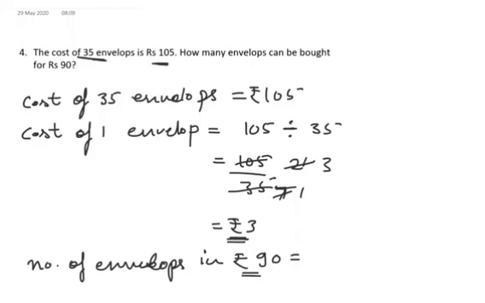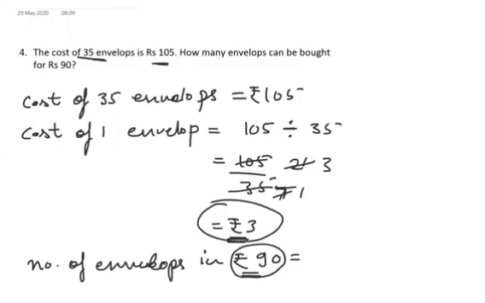90 rupees. Suppose you are going to the market and you have 90 rupees in your pocket and you have to buy some envelopes and the price of one envelope is 3 rupees. Just imagine this condition. So how many envelopes will the shopkeeper give you? Here we have the cost of one envelope and again we have money.